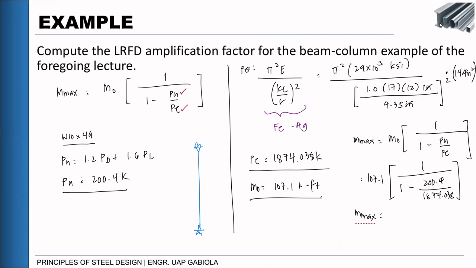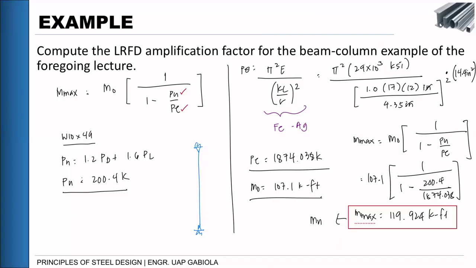Mmax natin is 119.924 kip-feet. So, ito yung gagamitin natin ngayon. Mmax na isa-substitute sa interaction equation natin. So, this should be the new Mu para dun sa interaction equation.